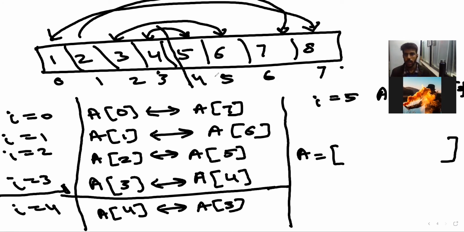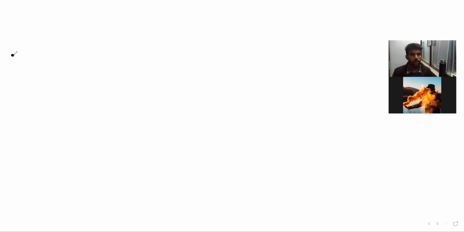Does this make sense? What if it's an odd number? Yeah, let's do that. So 1, 2, 3, 4, 5. Let's take 5 elements.